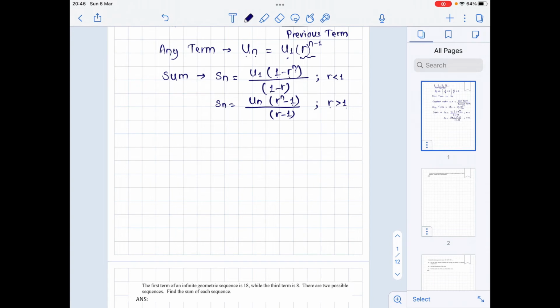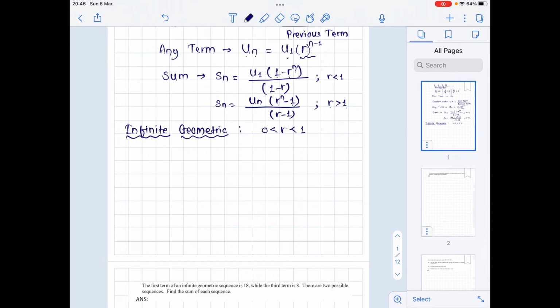The last part of this sequence is called an infinite geometric sequence. In that case, if I want to find the sum, the condition is that the ratio has to be between 0 and 1.